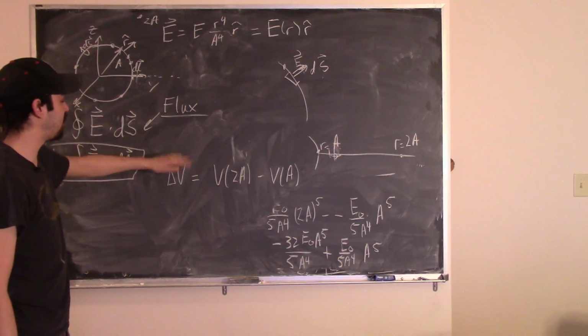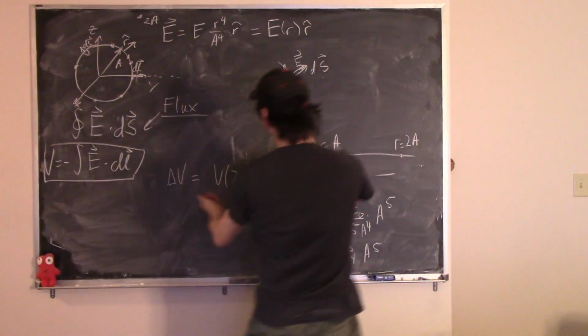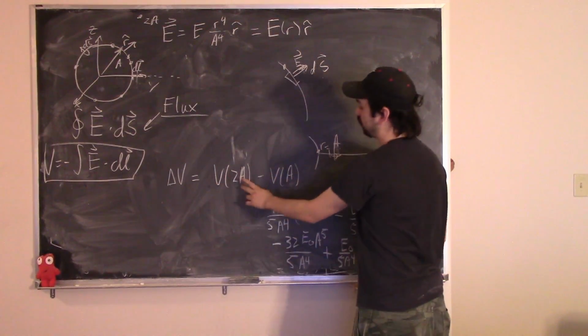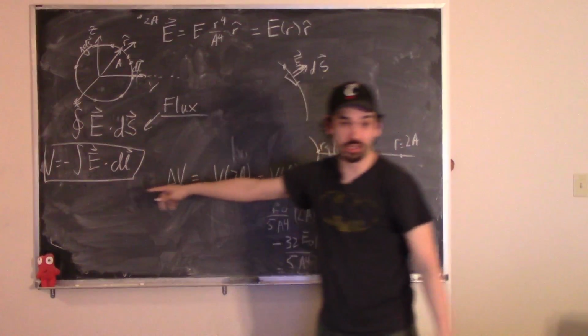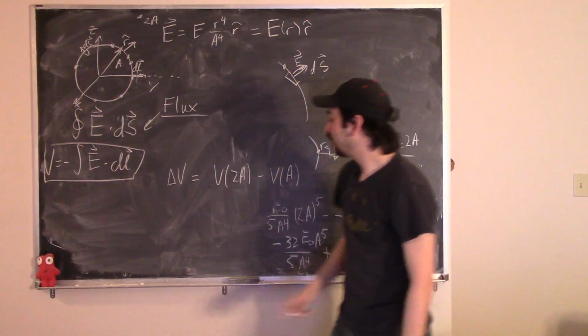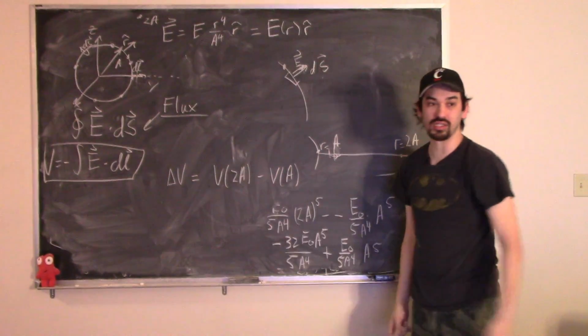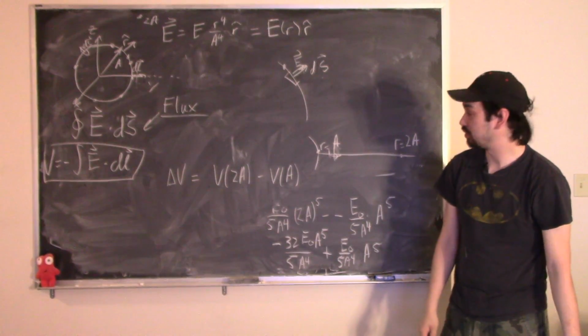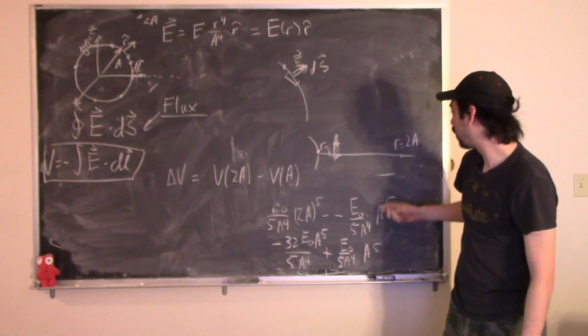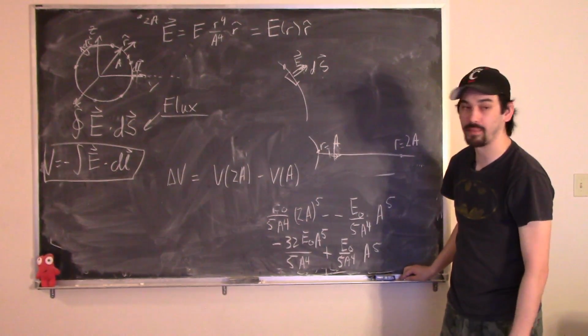Once I had that function, I could say the electric potential at 2A is just the function evaluated at 2A. The electric potential at A is the function evaluated at A, and then I just take the difference of the two to determine this final answer that I erased now.